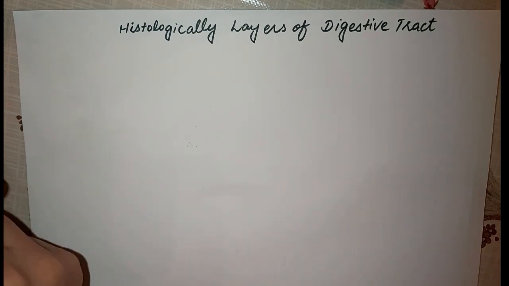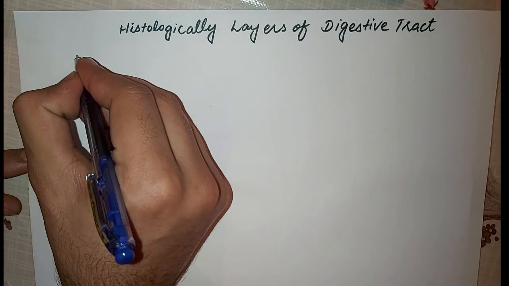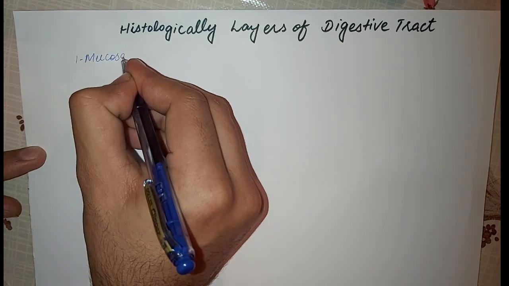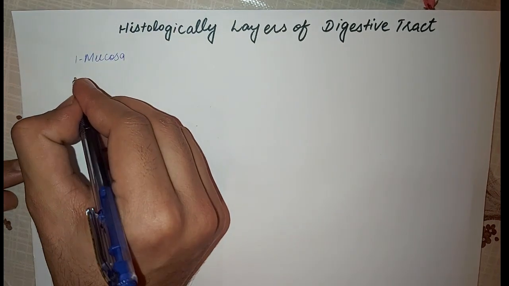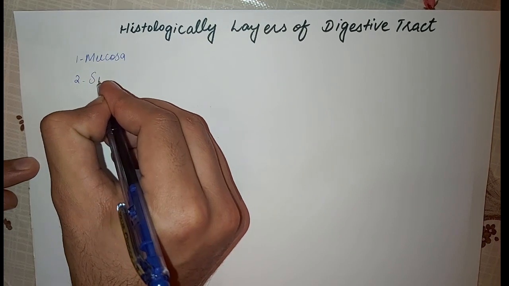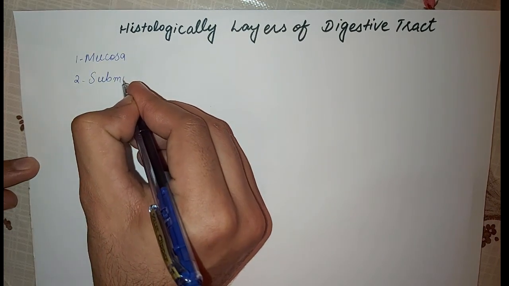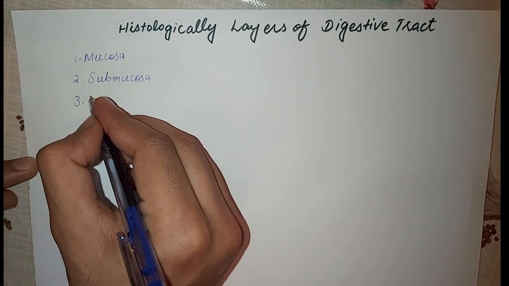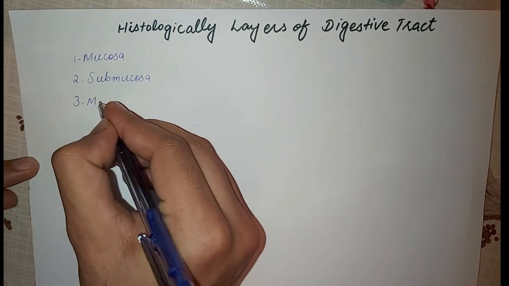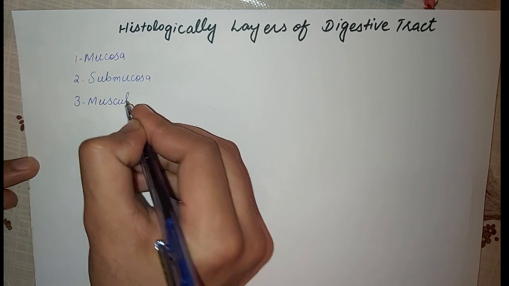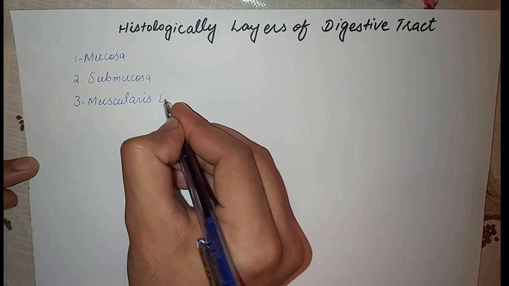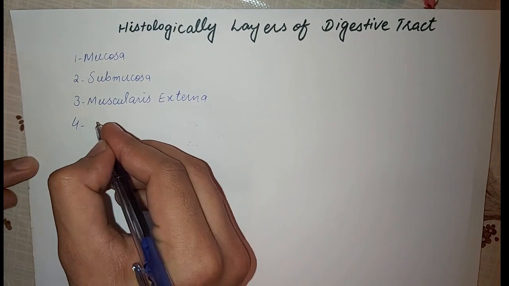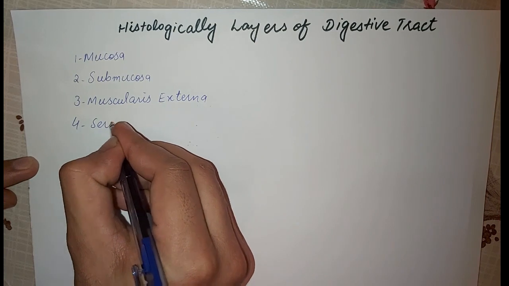The first layer is known as mucosa. The second one is known as submucosa. The third one is known as muscularis externa. The fourth one is known as serosa.